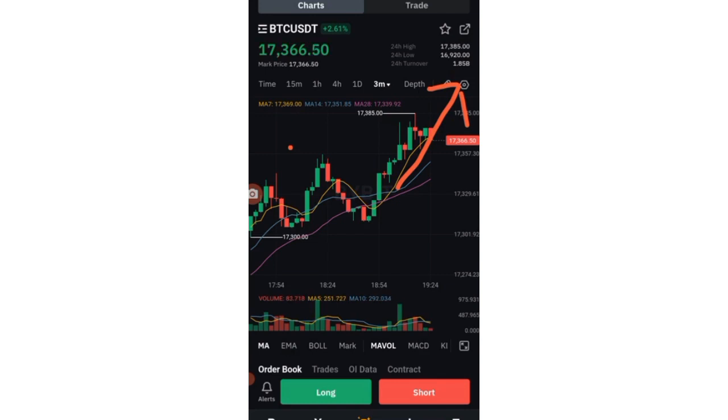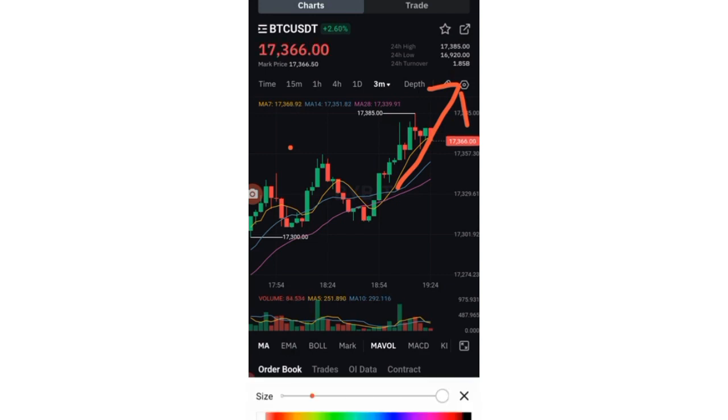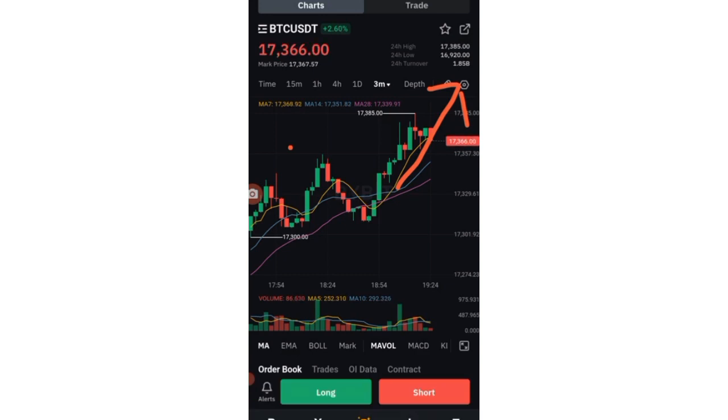But if you expect that price will fall, you short, and it falls, you make your profit. That's all. But you need to be skilled at this analysis. If you're not skilled at it, you will mess yourself up.